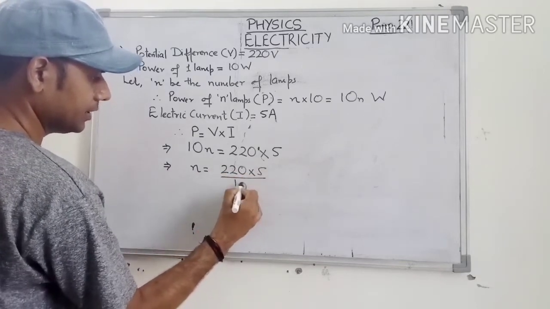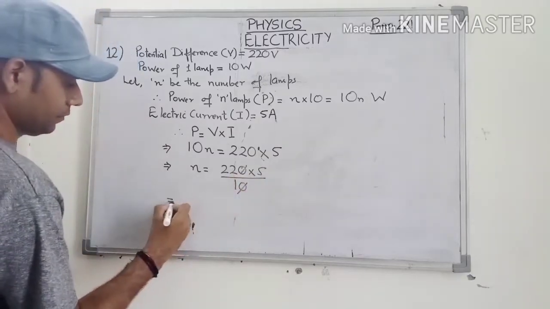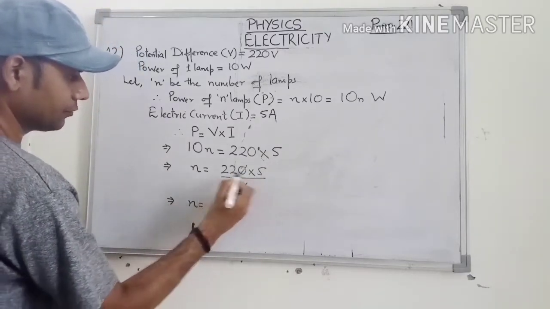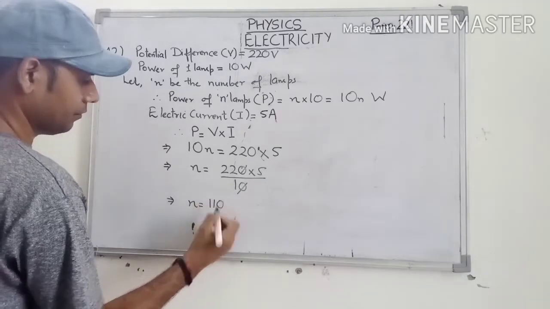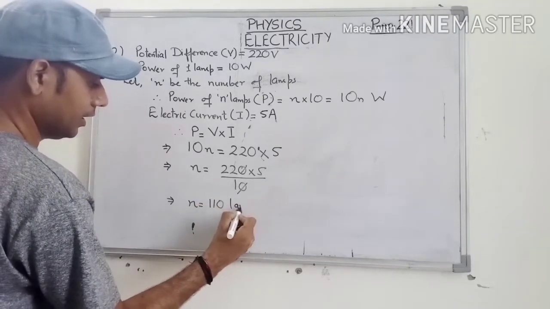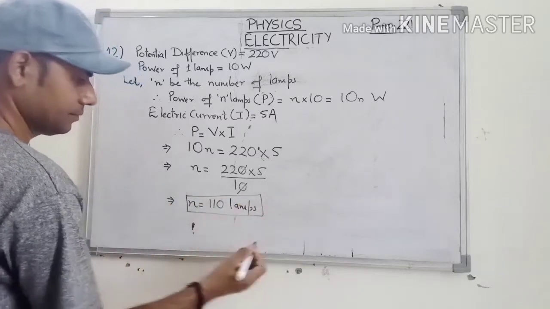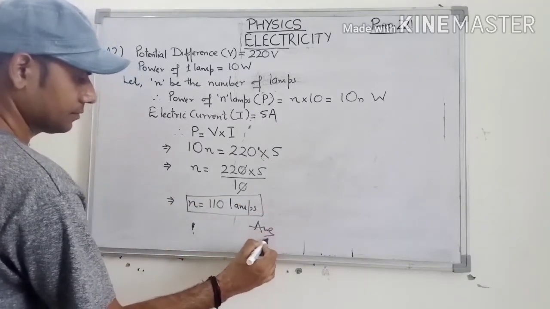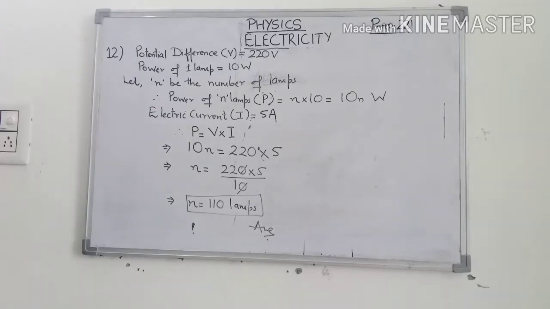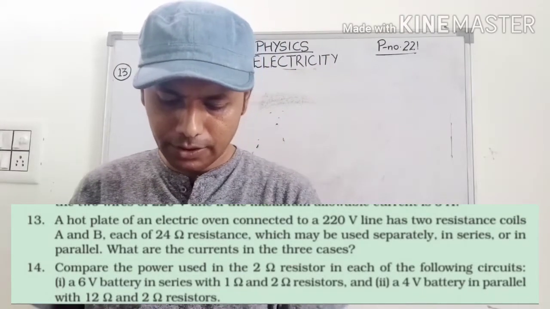So it is divided by 10. What you will get? 22 into 5 is 110 lamps. Clear?